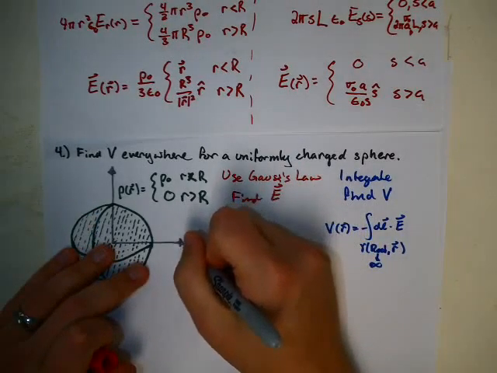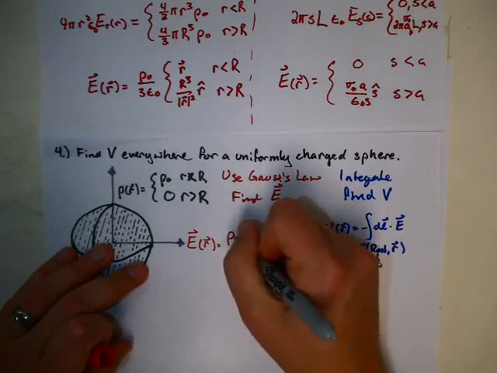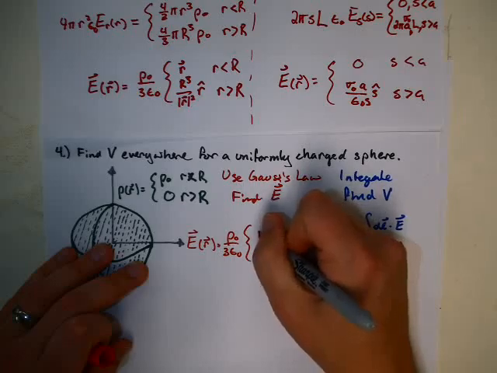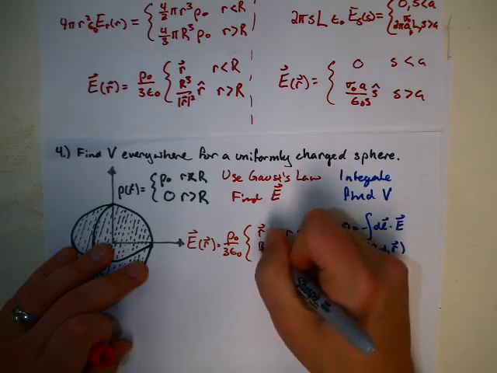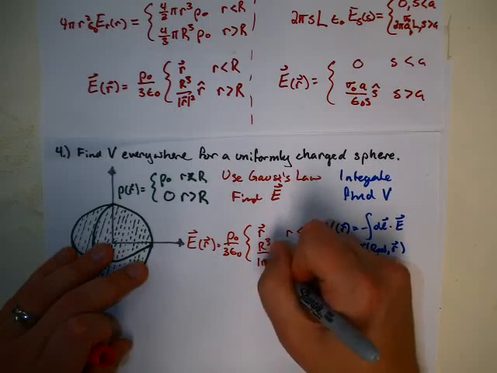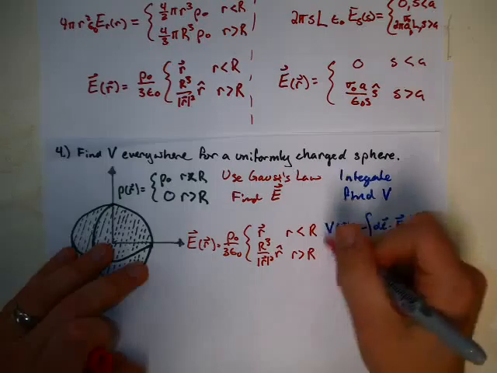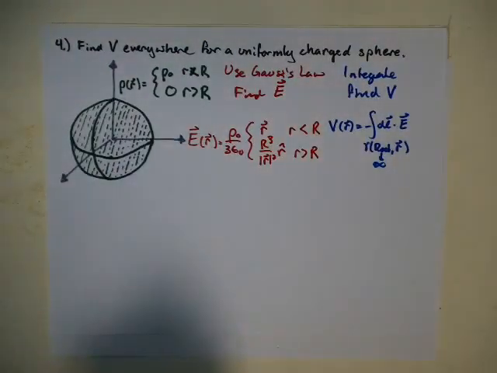And so the electric field that we'll be working with is this. So there's the electric field that we will be working with. Now we simply have to evaluate this integral.